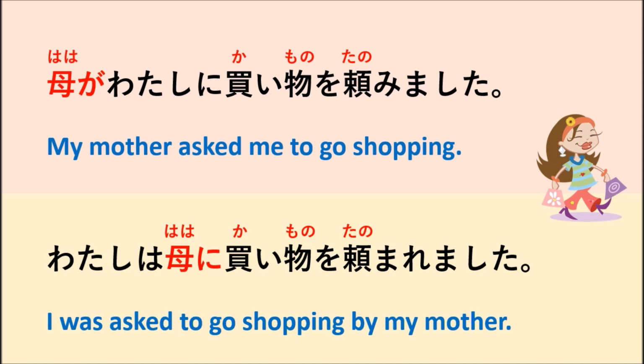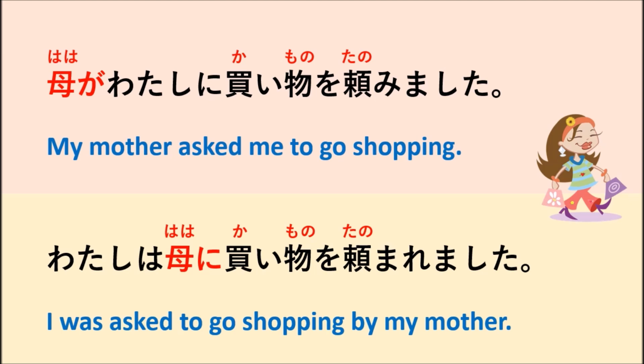This means Suzuki-san was asked to go shopping by my mother. Or you can create another sentence like Suzuki-san wa chichi ni kaimono o tanomaremashita, which means Suzuki-san was asked to go shopping by my father.